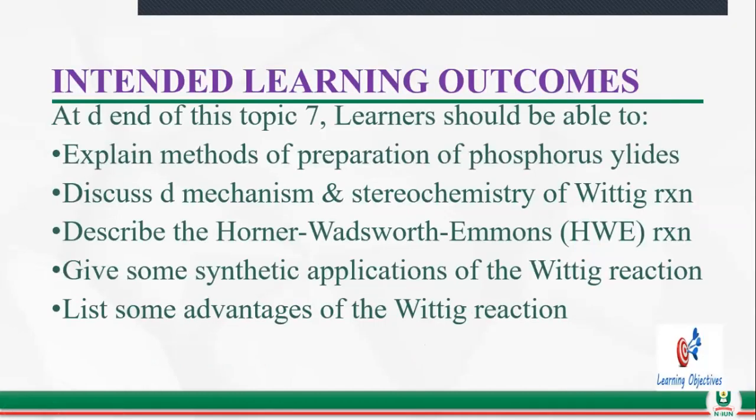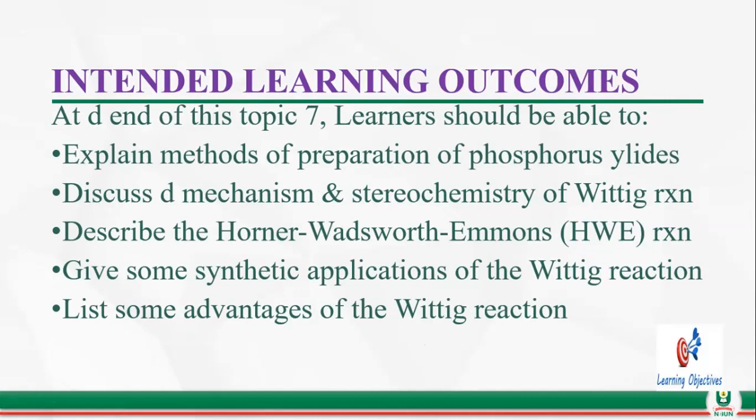At the end of this topic 7, the learner should be able to, number 1, explain methods of preparation of phosphorus ylides, which are the Wittig reagents. They should be able to discuss the mechanisms and the stereochemistry of the Wittig reaction. They should be able to describe the special form of Wittig reaction called the Horner-Wadsworth-Emmons reaction. It is a collaboration between three different scientists, and it provides a solution where there are limitations in the ordinary Wittig reaction.